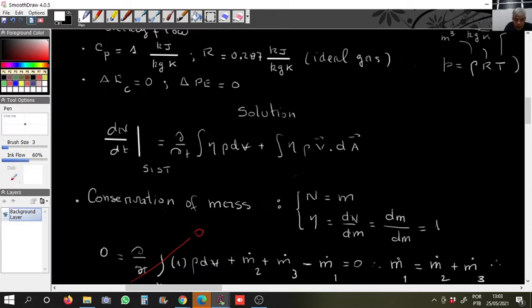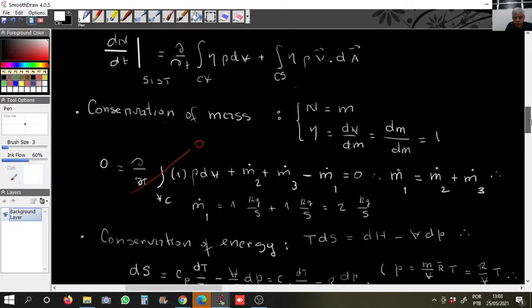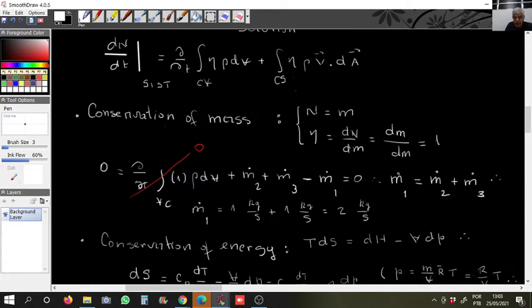Here's the control volume and here's the control surface, as we did before. Now I will use the conservation of mass, where capital N, the extensive property, is the mass, and eta is 1. For steady flow, this is 0. This is the continuity equation.